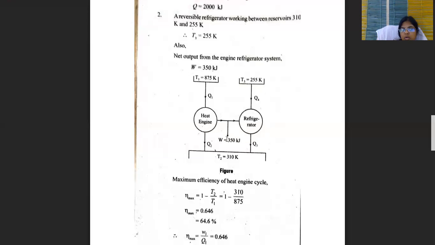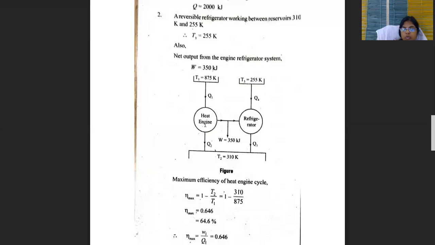Okay, and this work actually in T3. T3 is equal to 255 Kelvin, and the temperature T2 is the same for refrigerator, heat pump and heat engine. T2 is equal to 310, and this work done is supplied to the refrigerator. Why? Because in a heat engine it is work done by the system, and in a refrigerator it is work done on the system. Work done by the system is positive.